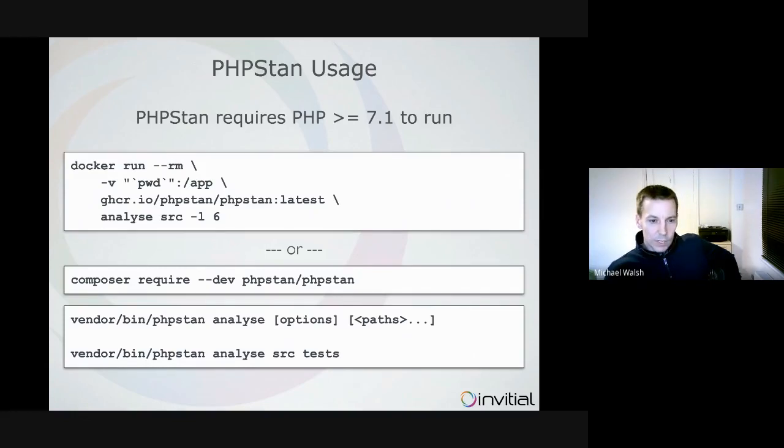Might not want to use latest. You might want to fix that to like 0.12 to save it breaking when there's an update. And then you just write analyze and the folder or folders that you want to analyze, and then tell it a level.